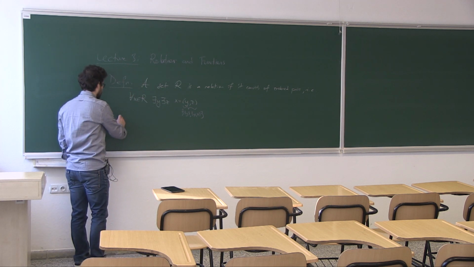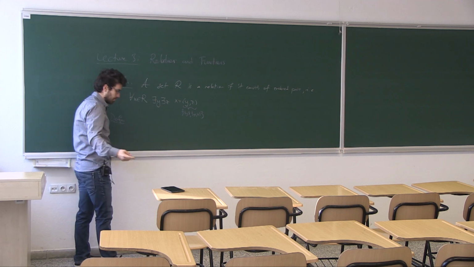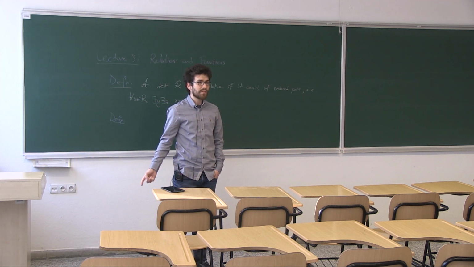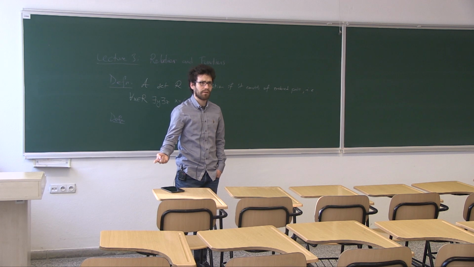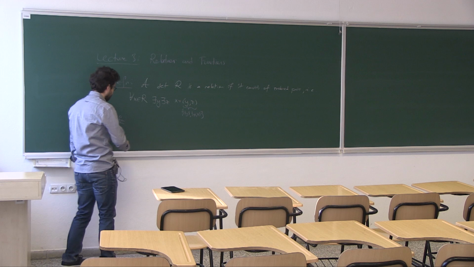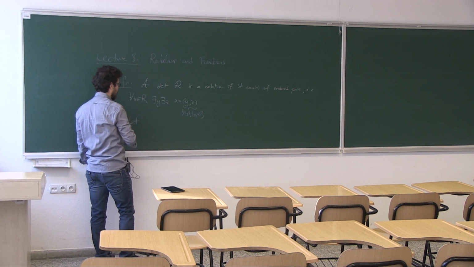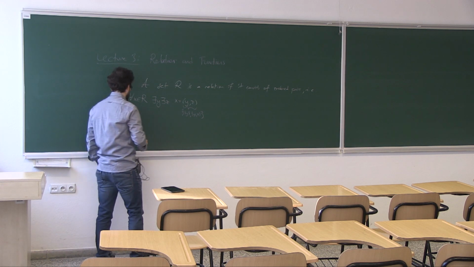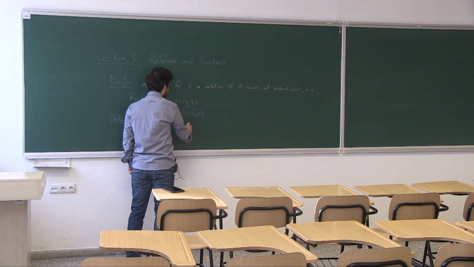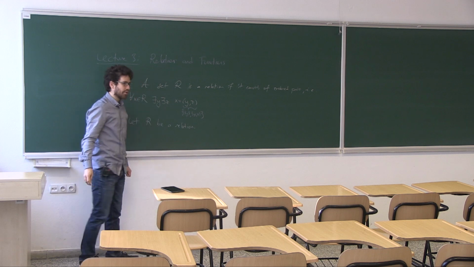Now, let's introduce more definitions. Most of today's lecture is going to be spent introducing definitions. We're not going to prove a theorem, maybe 1 or 2 theorems. We're just going to introduce some terminology. So we defined what it means for a set to be a relation. Let R be a relation.